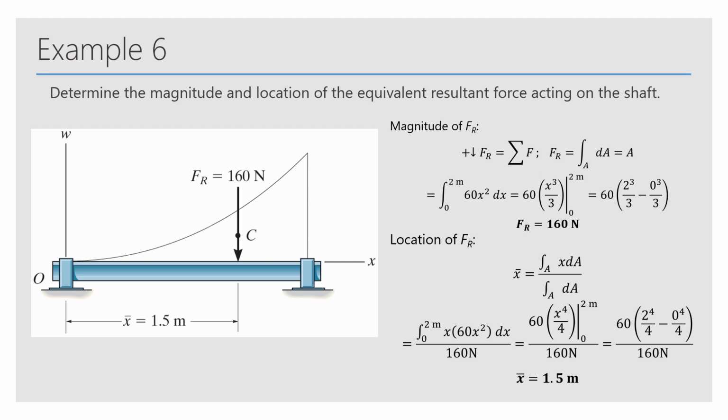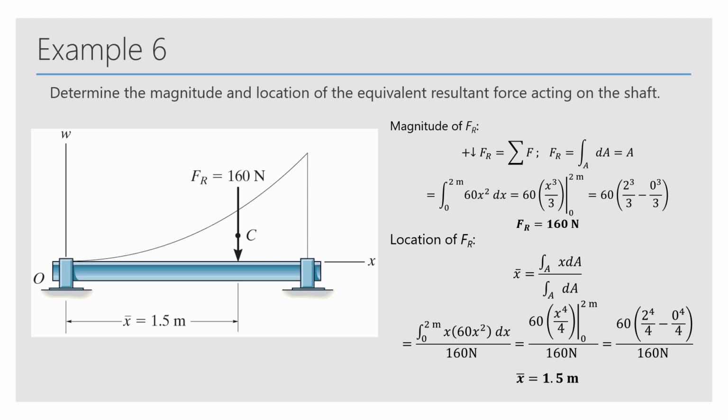To find the location, we just use what we had from the moment equation. What it gave us was basically x times that initial function that they gave us. Take the integral of that, and then you divide it by the resultant force.